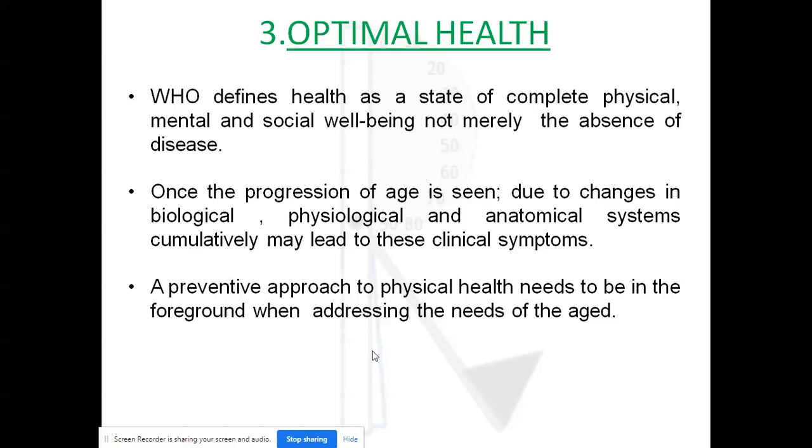A preventive approach to physical health needs to be in the foreground when addressing the needs of the aged. Before treating something in age, prevention: we have already learned in the medical fraternity that prevention is better than cure. Hence, prevent the disease or the dysfunction from occurring at the earliest rather than curing the disease.